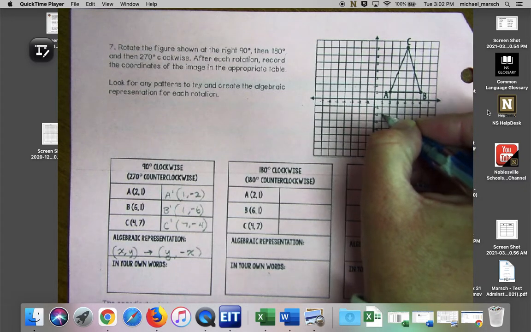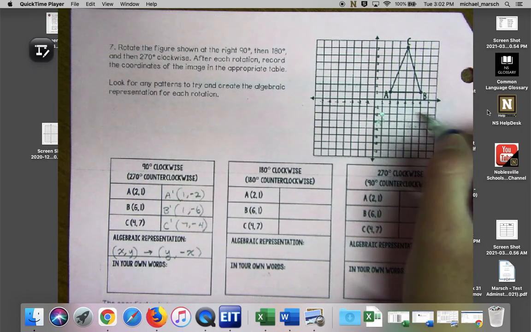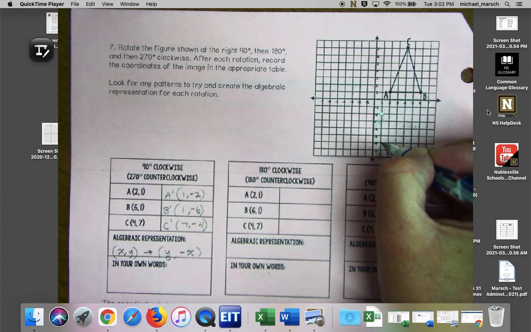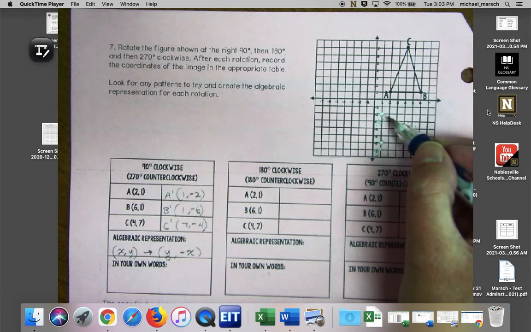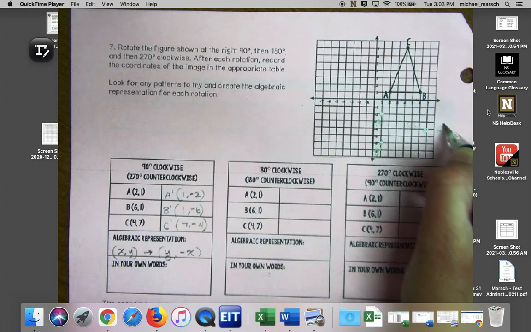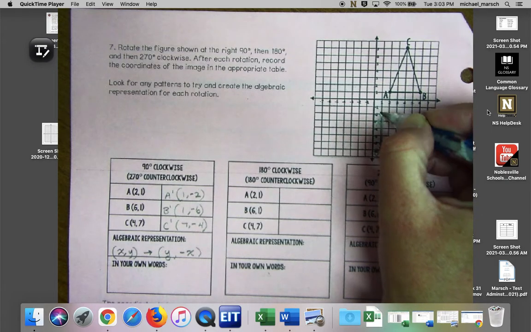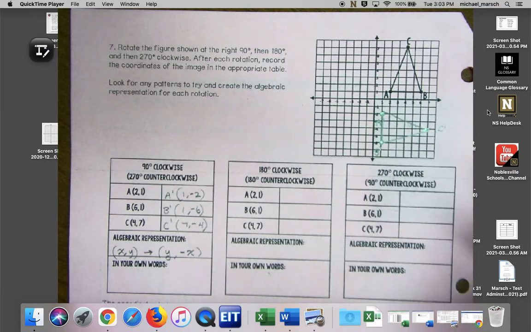Over 1 down 2, so that gives me my A prime. Over 1 down 6, that gives me my B prime. And then over 7 down 4, that gives me my C prime. And then I get this beautiful rotated triangular image.